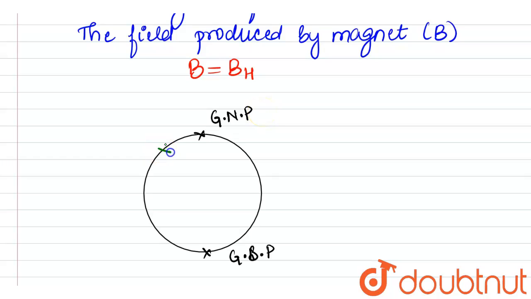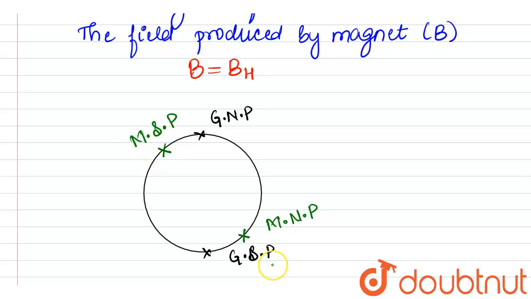These points lie in such a way that near the geographic North Pole there is the magnetic South Pole, and near the geographic South Pole there is the magnetic North Pole. How do we get to know this? By suspending a compass needle: whichever direction the north side of the compass needle deflects, that will be the magnetic South Pole.